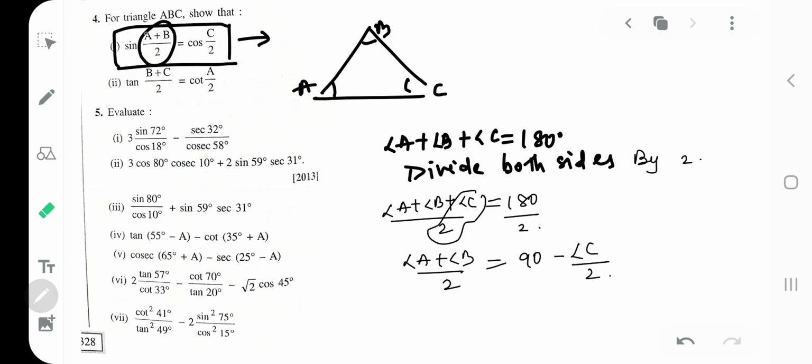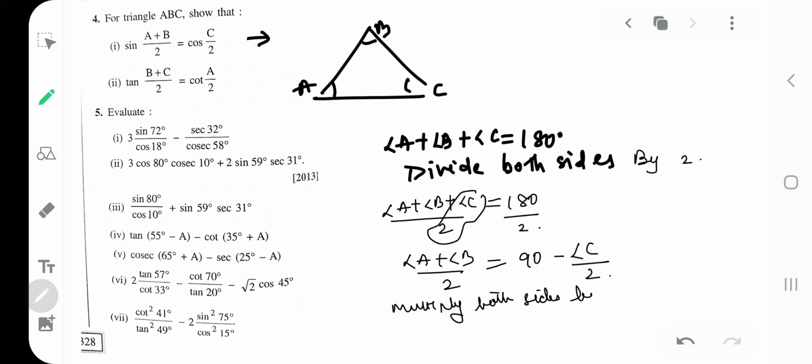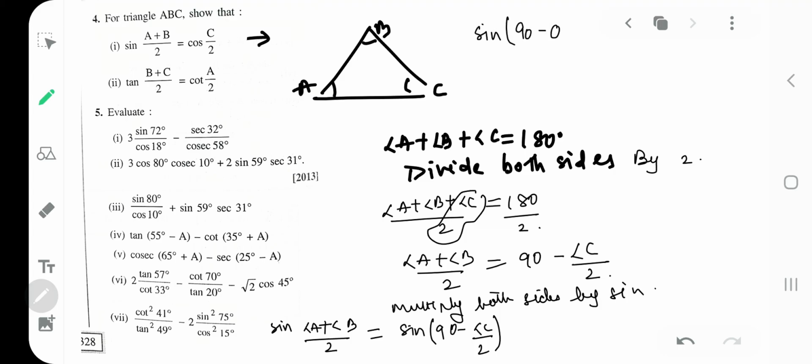As per my question, I require sine on my left hand side. So I'll multiply both sides by sine. So that will be sine angle A plus angle B upon 2, and this will be sine 90 minus angle C upon 2. And you know very well sine 90 minus theta is equal to cos theta.